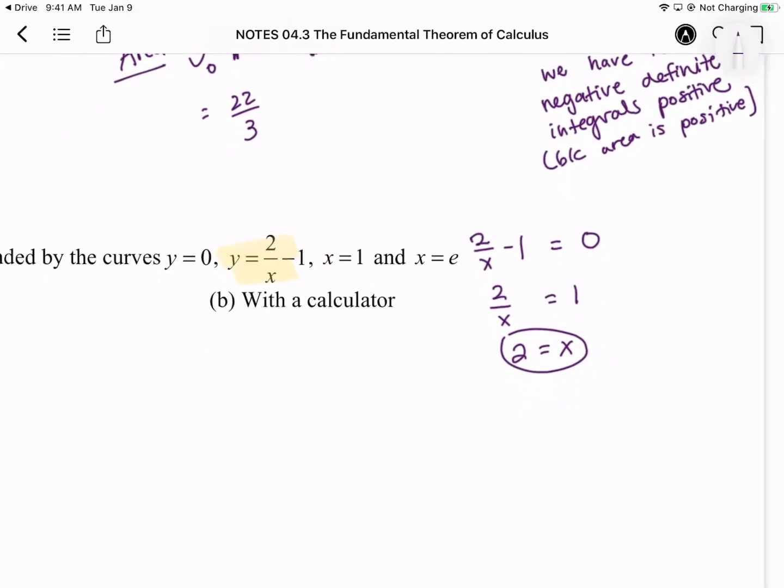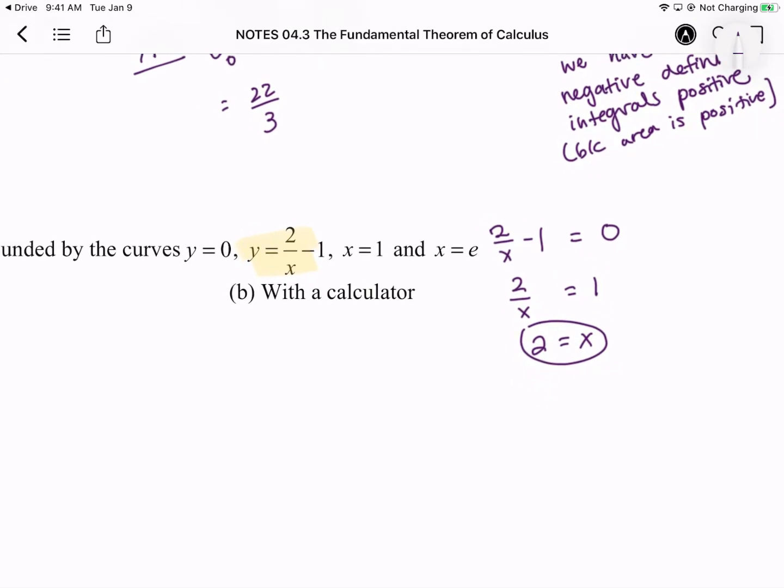And then I'll just make a little table to figure out if this is my y. I'm looking between 1 and e, because that's my interval values. 2 is right about there. And then I'll just figure out where this function is positive or negative.